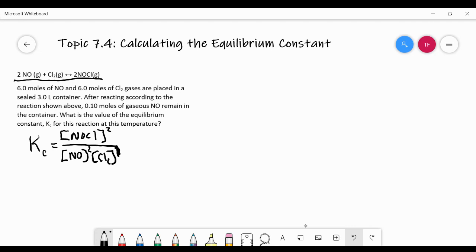Well, notice that everything is in concentrations in this problem, and if you look at our problem, it says that we have 6 moles of NO and 6 moles of Cl2. Those aren't concentrations, but it does tell us what the size of the container is, 3 liters. And if you recall, the way you calculate molarity is equal to the moles of the solute, the moles of the substance being dissolved, divided by the liters of the solution.